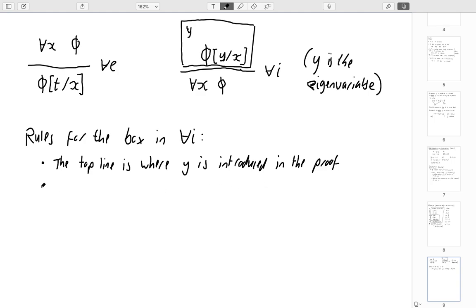And an important property we need to require that's associated with that is that inside the box is the only place where the variable y is allowed to occur free in a formula. So the variable y only occurs in the proof free in formulas inside the box.